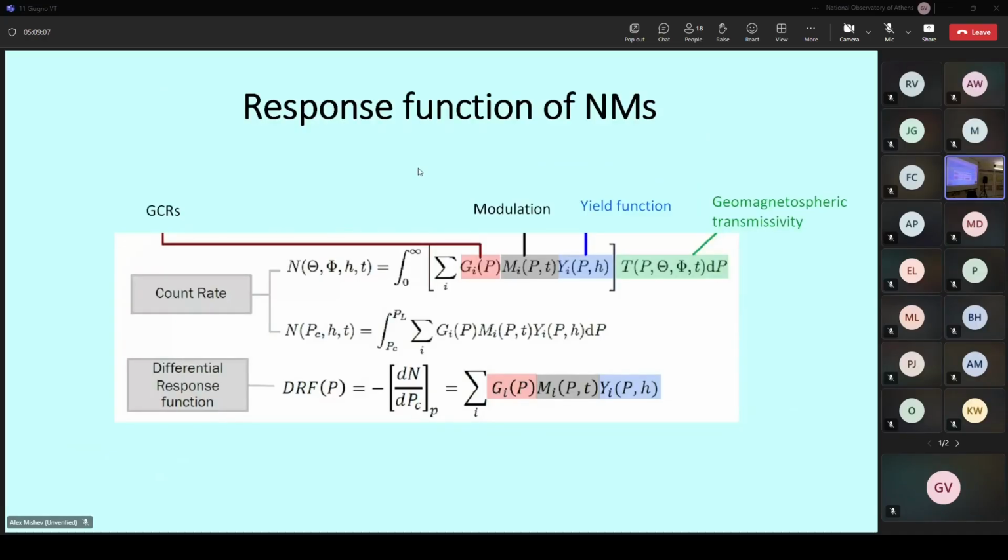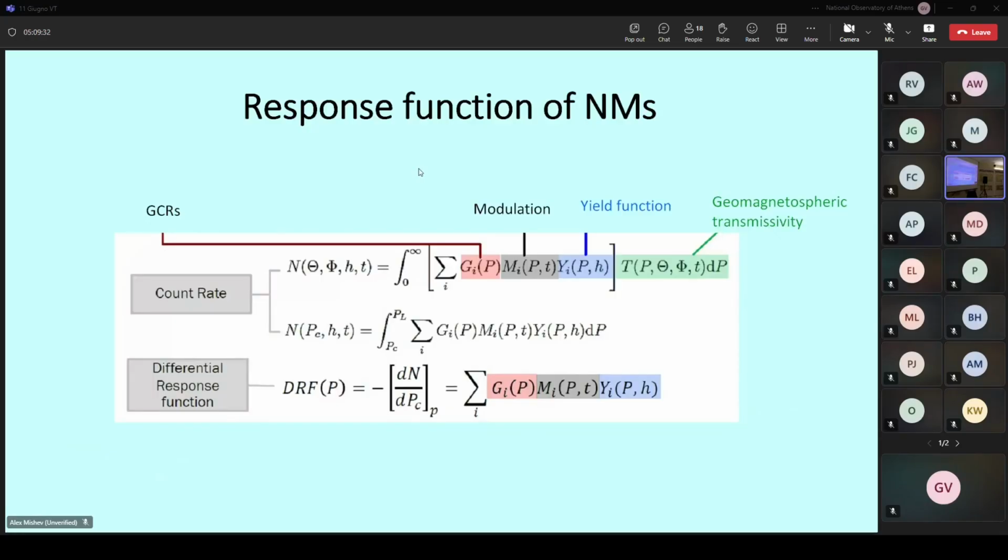So in order to relate the primary characteristics with the counts, there is a known expression. The count rate is the integral product of the GCR or SCP spectrum, accounting for the modulation, the yield function, and the geomagnetospheric transmissivity.